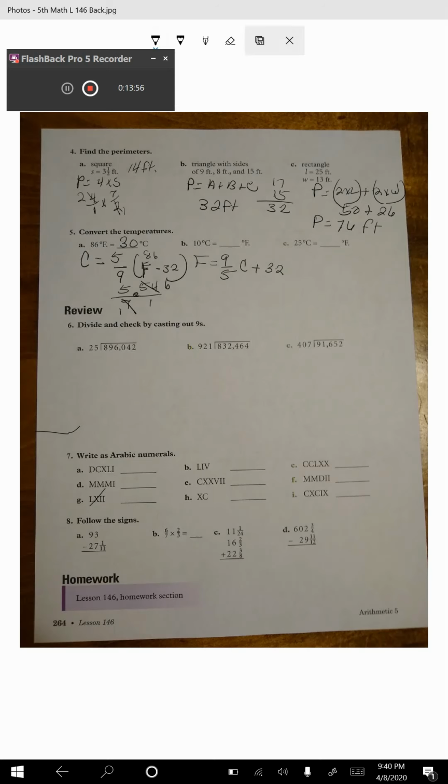So with this one, we'll do the 9 over 5 times the Celsius first. So it's 9 over 5 times 10 over 1. And lucky for us, they made that easy. 9 times 2 is 18. And we will add that to the 32. I get 50. What about you?